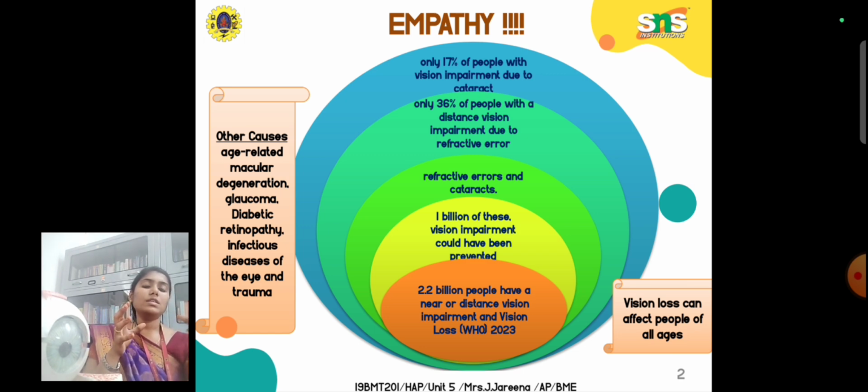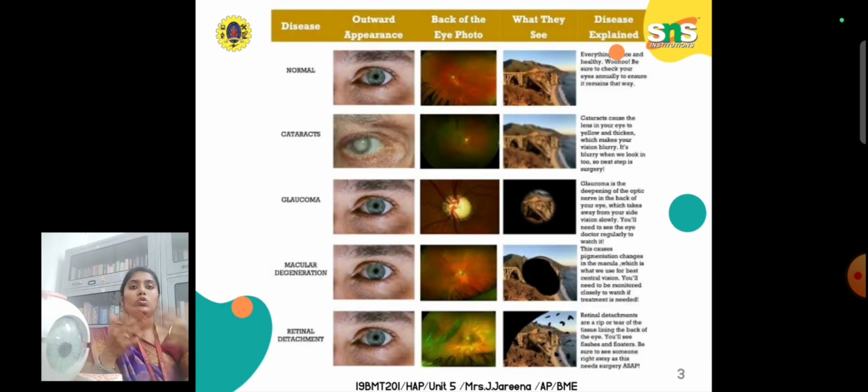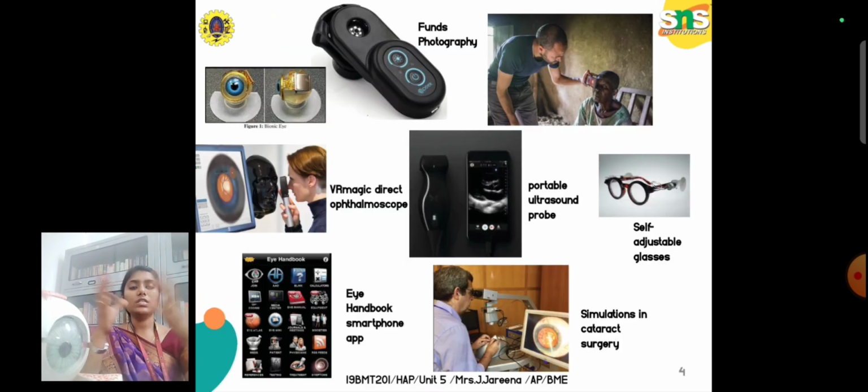Unless we know the structure and function of the eye, we are not able to find the root cause, or understand the reason behind these types of diseases. Only then can we come up with beautiful innovations or solutions like these many devices.